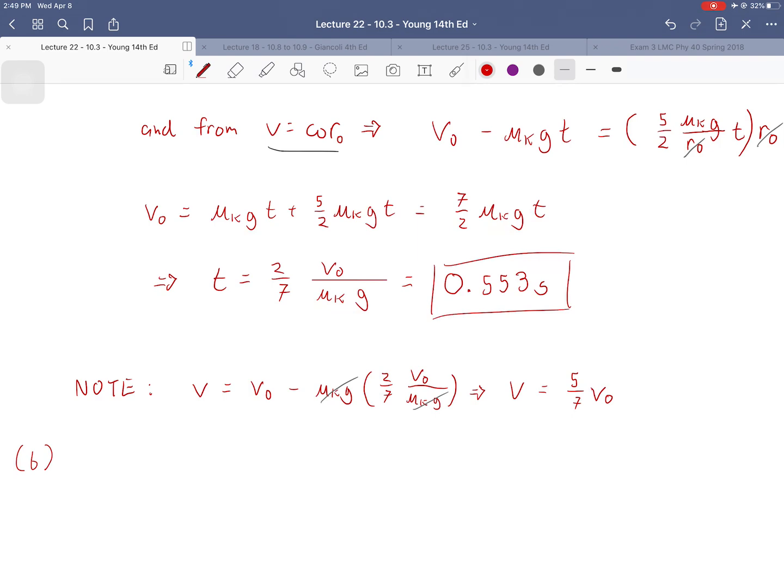I want to show you because I don't have another step where I show it to you, so it's important. So in part B, how far does it go before it stops slipping? So: distance traveled until slipping stops and pure rolling begins.